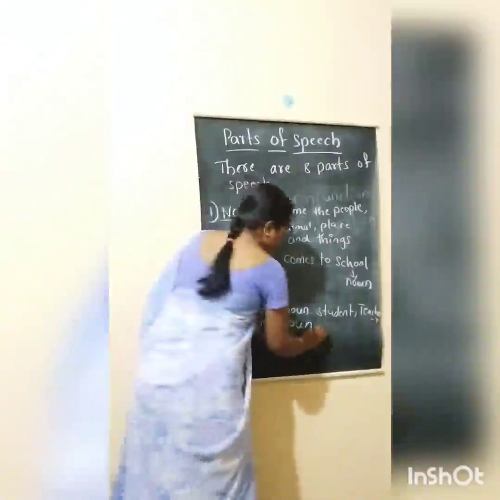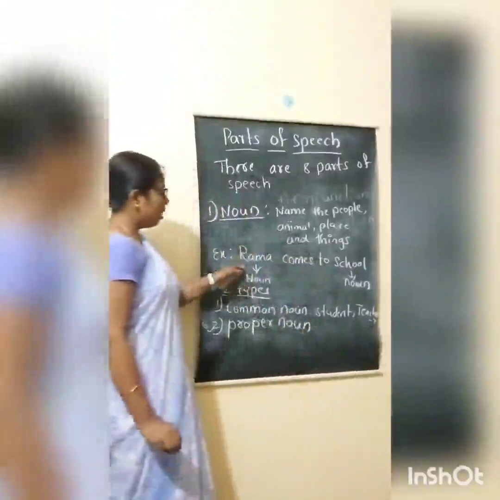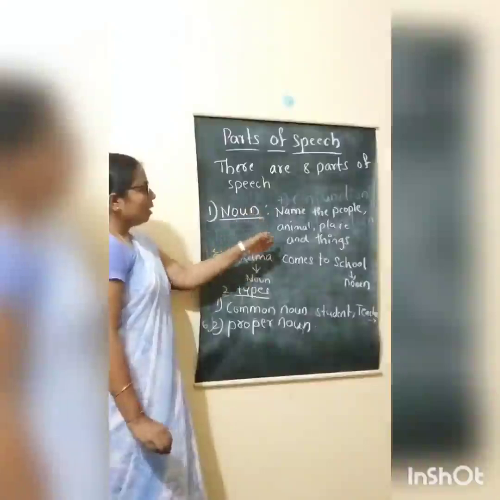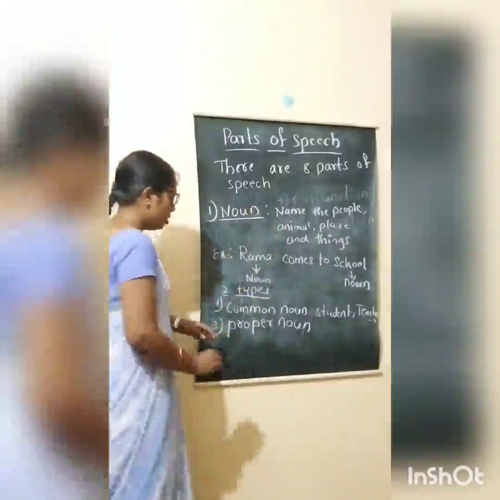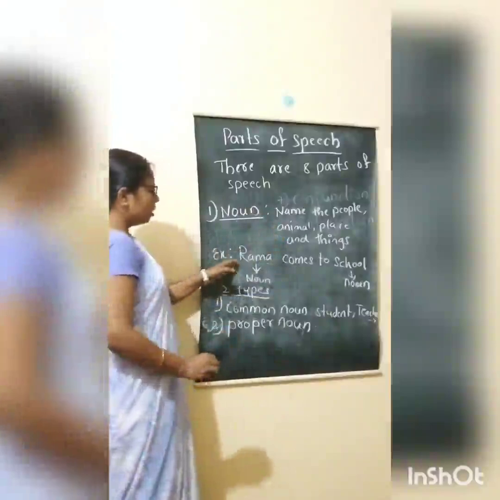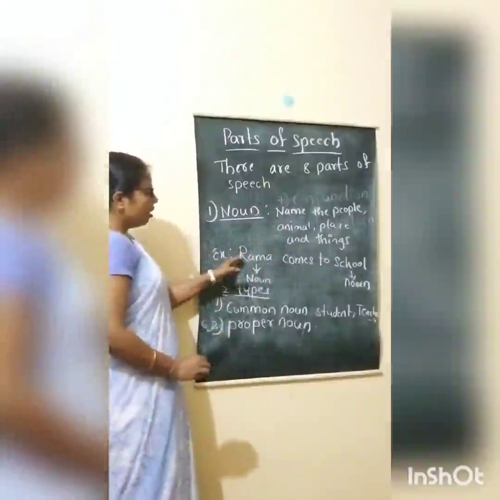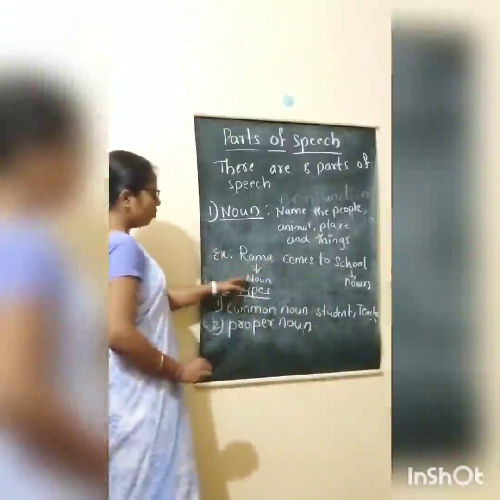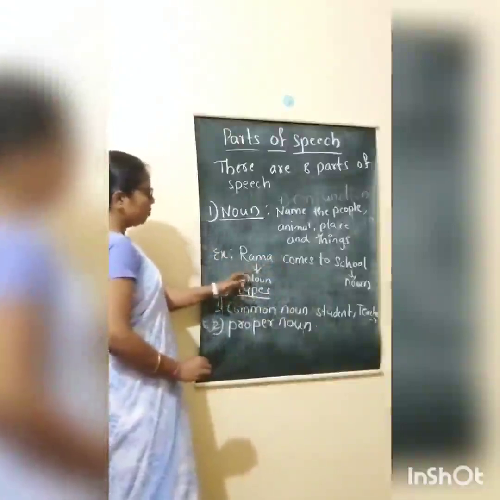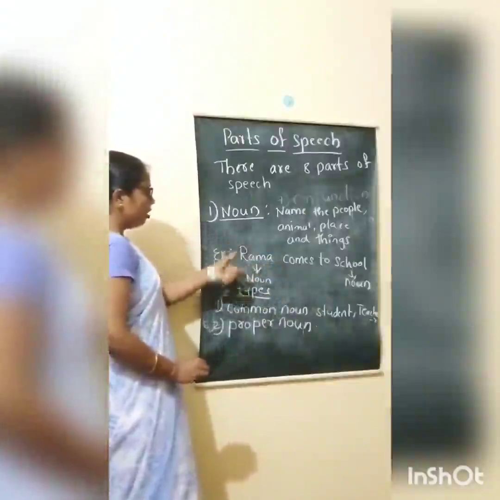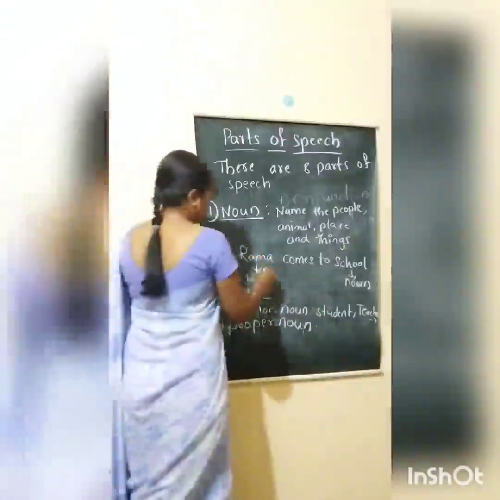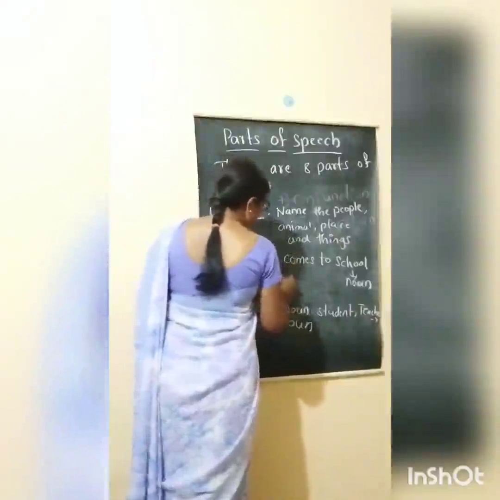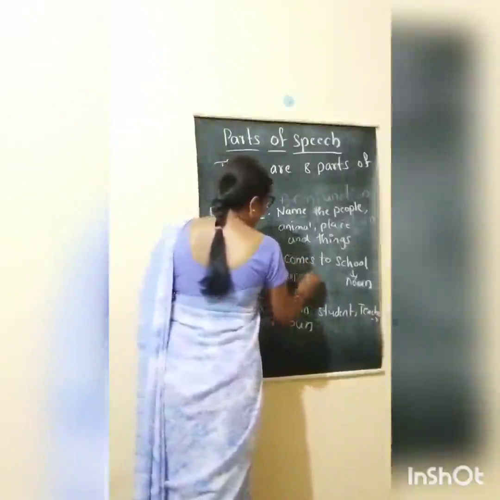Proper noun specifies the particular name of the person, animal, place or things. Taking the similar example, Rama comes to school. Here Rama is a noun, specifying the name. The person name is Rama, so this is a proper noun.